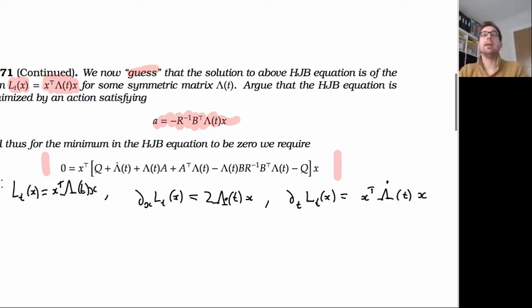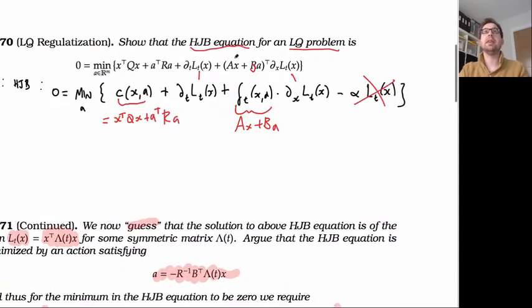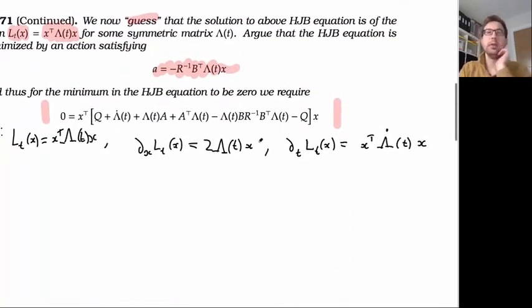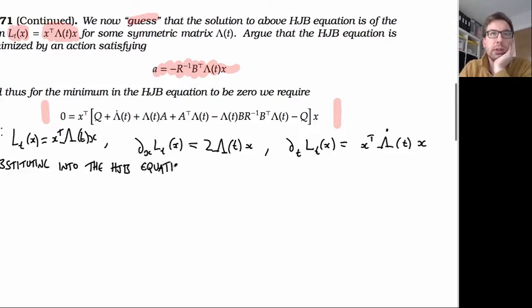So now we need to plug these values into our HJB equation, which is just above. We need to plug in the partial derivatives here and the partial derivatives there. So if we do that, substituting into the HJB equation gives the following.